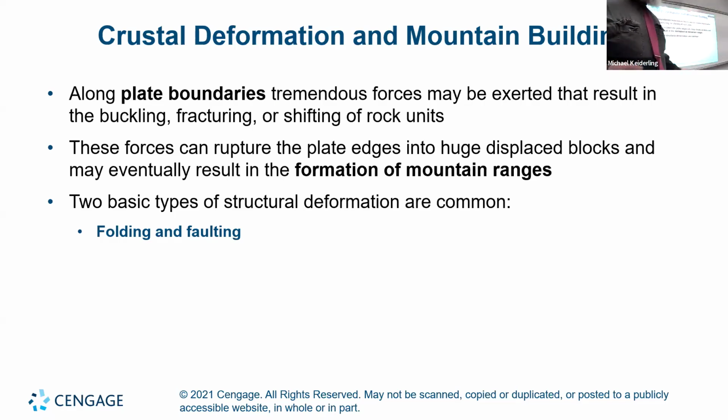So when we have two plates running into each other, you can get tremendous forces that can lead to the buckling, fracturing, or shifting of big units of rock. This is one of the ways the mountains were named.